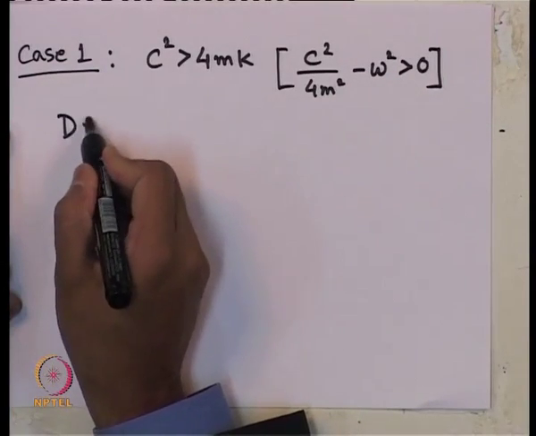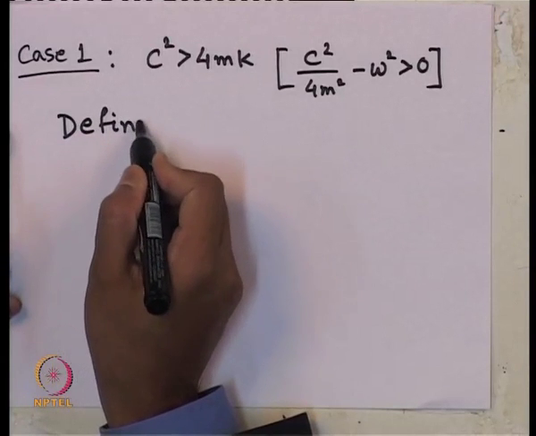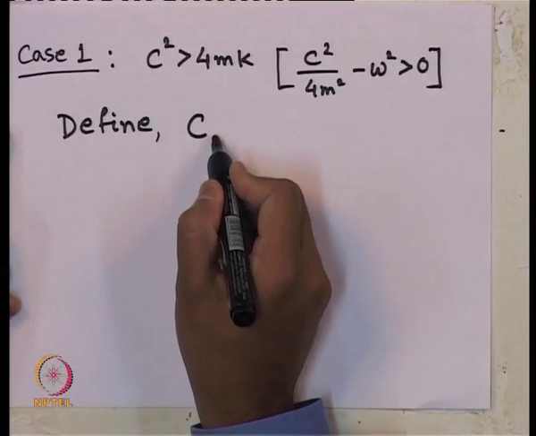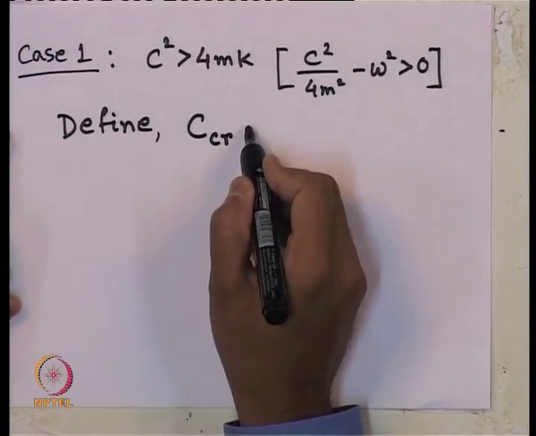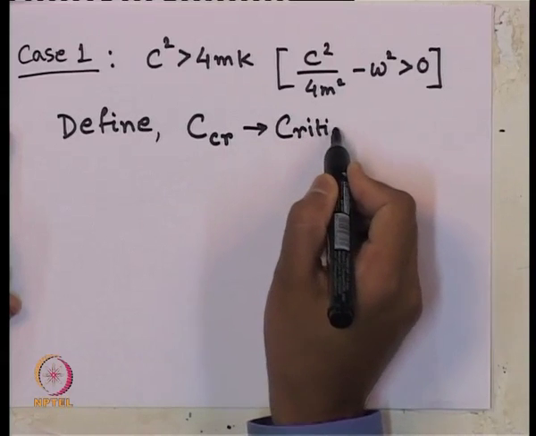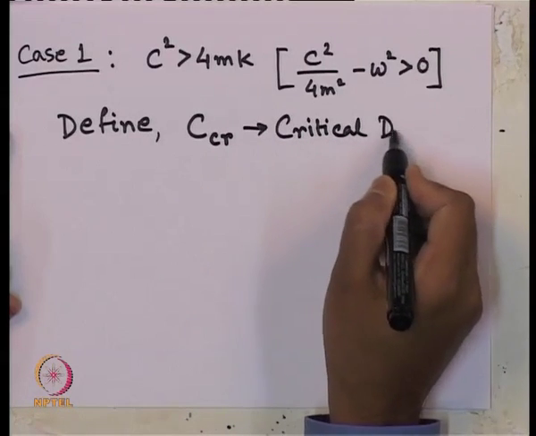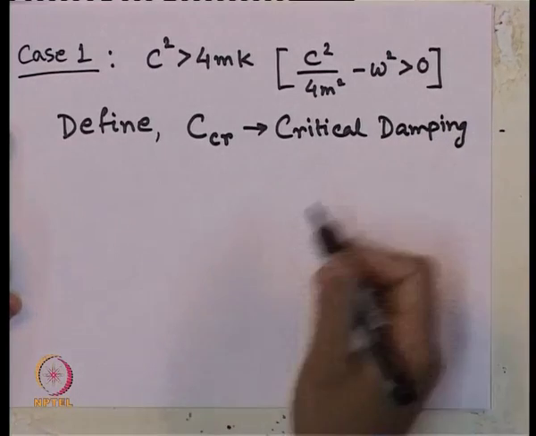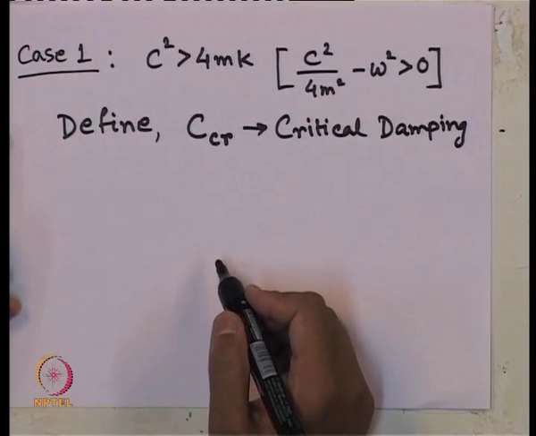In this case, let us define one new parameter. Let us define a new parameter C_CR, which is called critical damping constant.